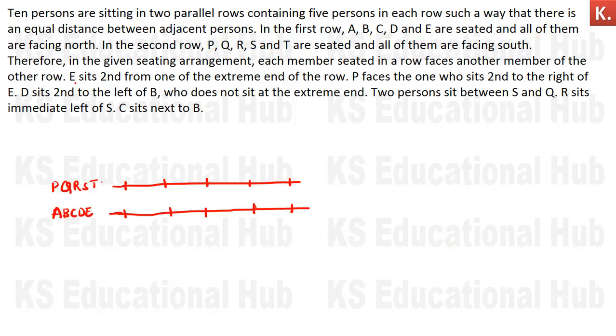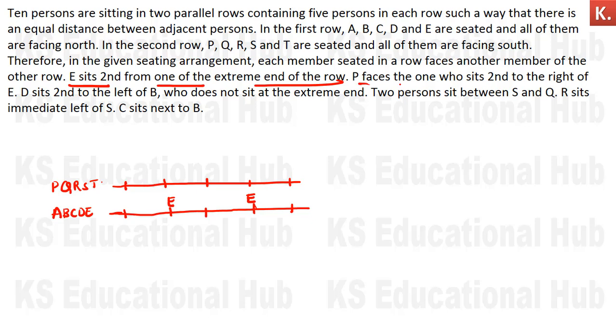As you can see, the first information here is E sits second from one of the extreme ends of the row. So E is going to sit second from the extreme end. So therefore, I can certainly say that E can be at this place or E can be at this particular place.